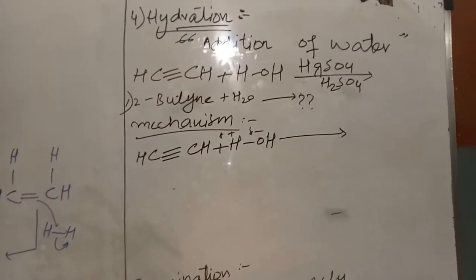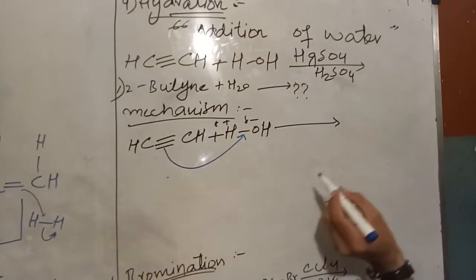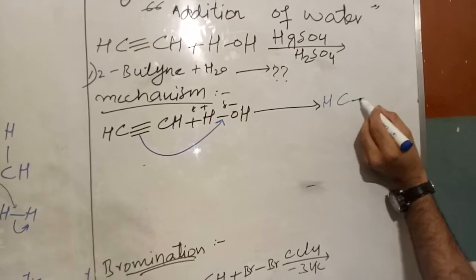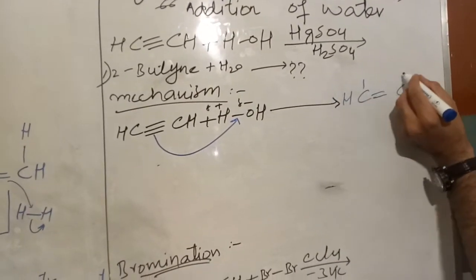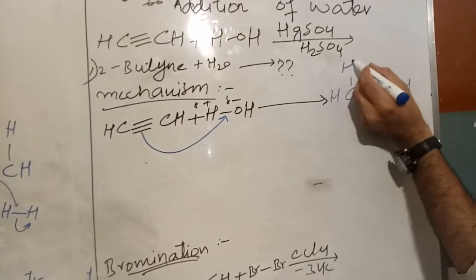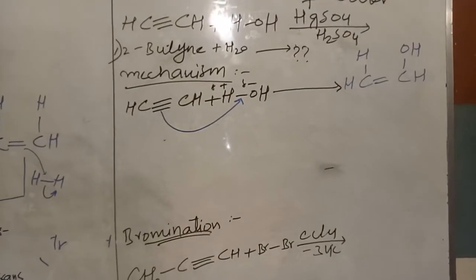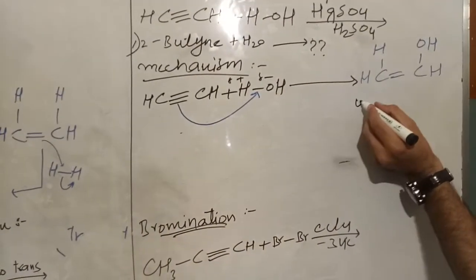Dear students, now the arrow will go from this side to this water molecule. As a result, first this product will be prepared: C single bond H double bond CH, and this is our newly coming molecule, H and OH. Now dear students, here is some instability created.